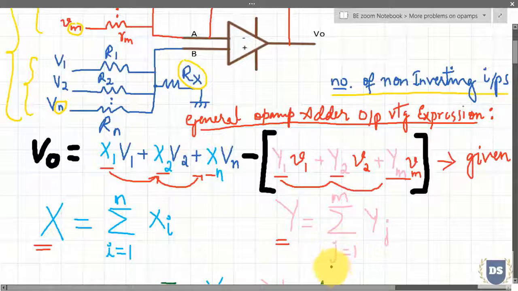In a similar way, j starts at 1 and extends till m.